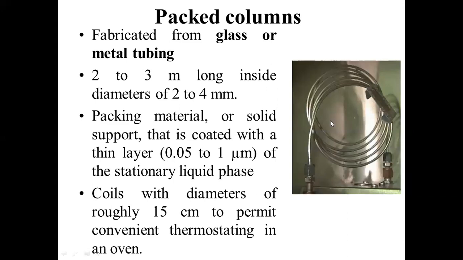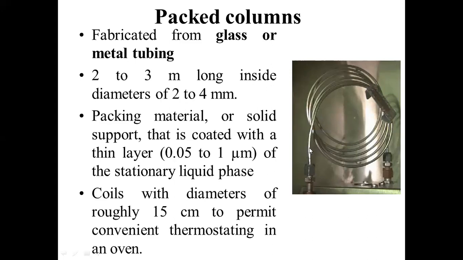Are you able to see the picture now? Yes, sir. This is the packed column, just like a coil. This is a circularly coiled packed column made of stainless steel, which can also be made of glass or Teflon, right? This coiled packed column has a length of 2 to 3 meter and an internal diameter of 2 to 4 millimeter.